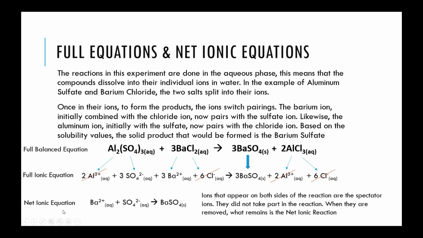And the net ionic equation is the simplest form of that: 1 barium plus 1 sulfate will give 1 barium sulfate. So when you're going through these equations, you're determining the full balanced chemical equation here. And if a solid is formed, you're also determining what is the net ionic equation for the formation of that solid product.